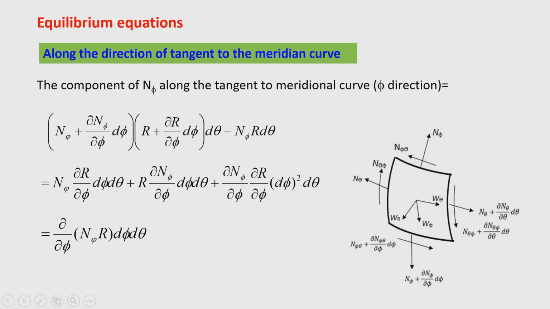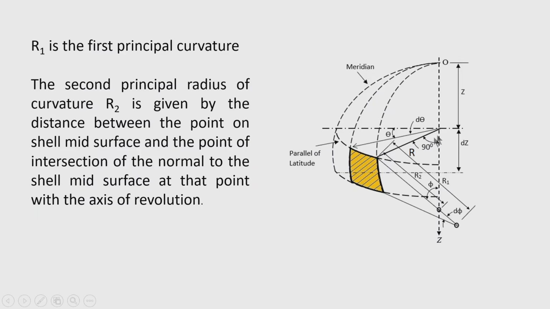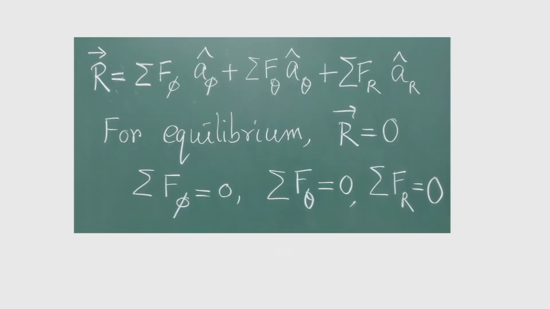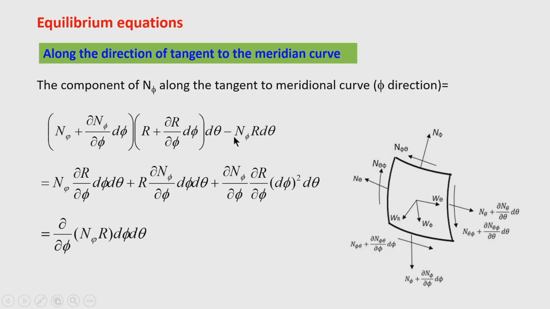This is the force here, and this is multiplied by the length of this element, which is r plus del r by del phi into d phi. Why has this length changed? Because the radius of the parallel circle at this position and at that position is different, as seen from this figure. So we take this variation of radius with phi.